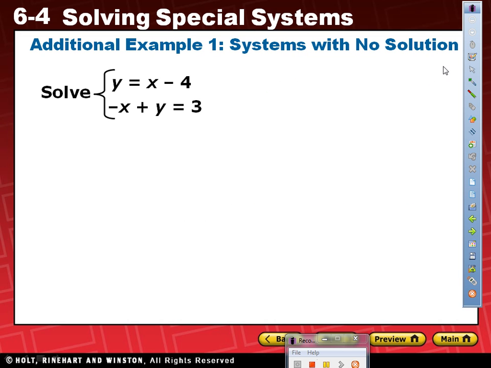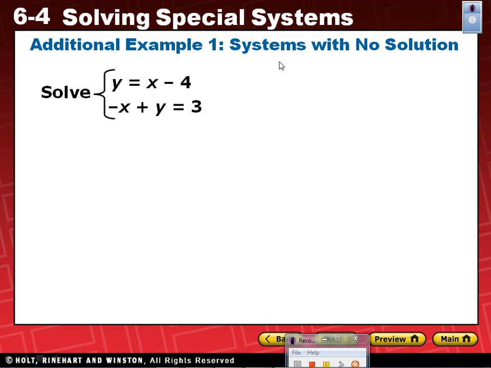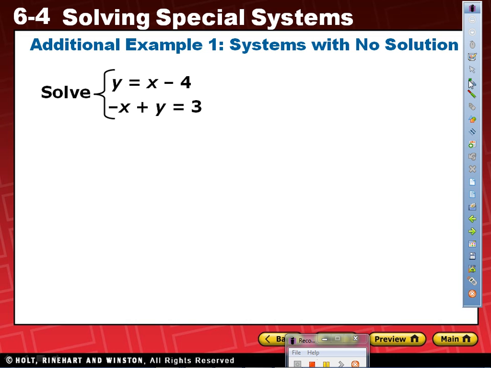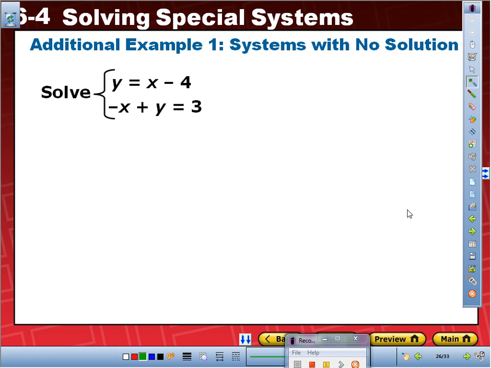Example number 1. Solve y equals x minus 4 and negative x plus y equals 3. Let's do it together. Just by looking at it, do you see that it's very similar to the one we did on the warm-up?